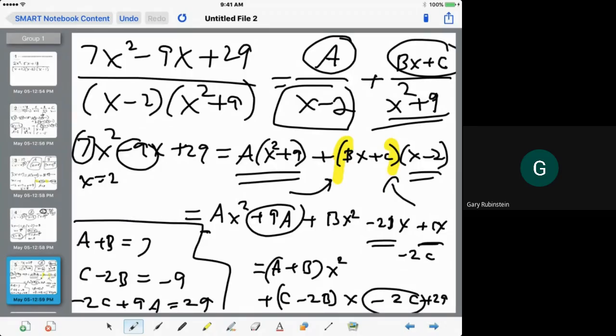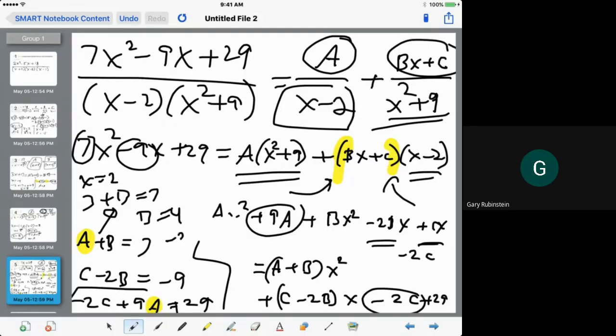Now this is three equations with three unknowns, which could be a real annoying thing, but because the A is already known to be 3, this question can be answered in just a few seconds now. With this equation, it becomes 3 plus B equals 7, so B equals 4. And with this bottom equation, we get negative 2C plus 27 equals 29, or negative 2C equals 2, or C equals negative 1.